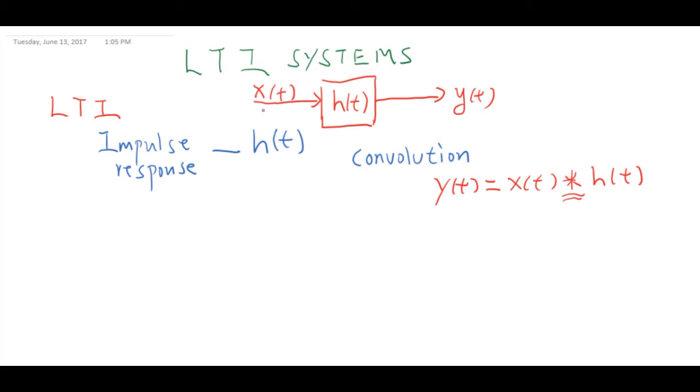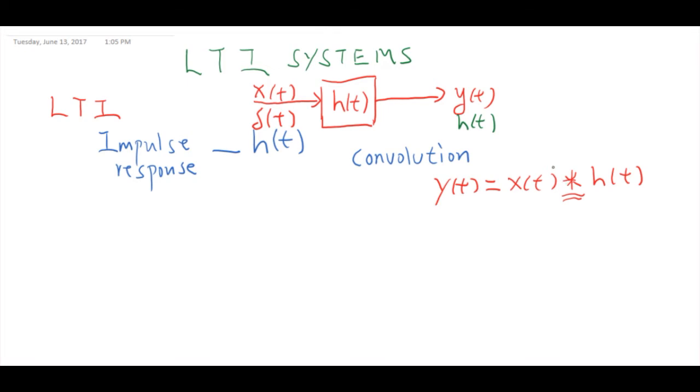That means when the given input x of t is a delta function, the output will be h of t. Input impulse, output is the impulse response h of t. We will talk about the detailed operation of the convolution later in our course.